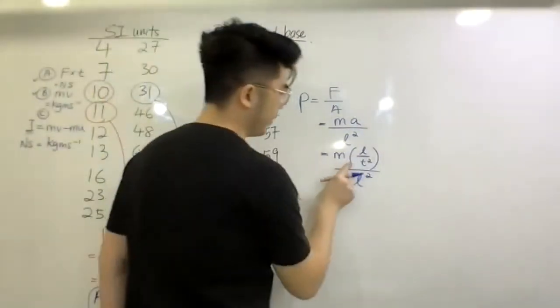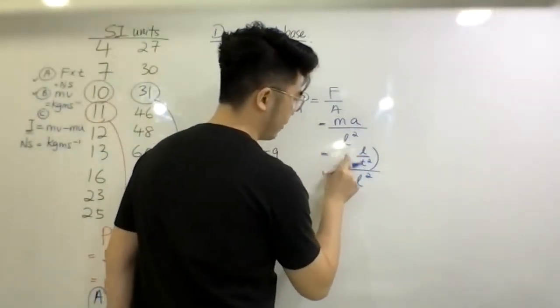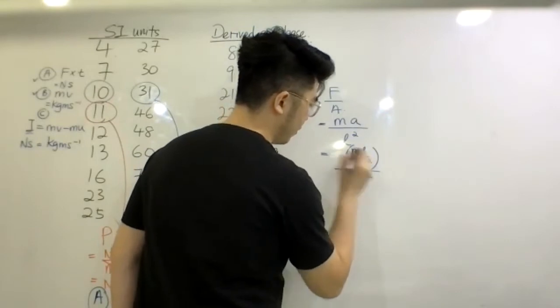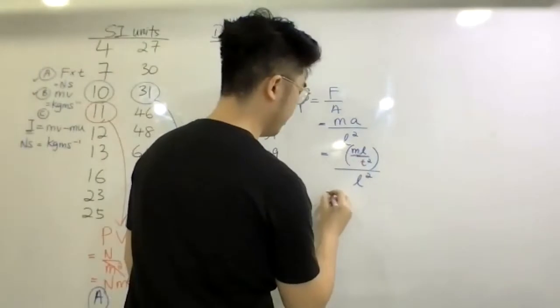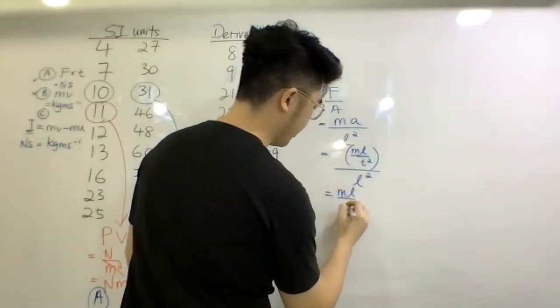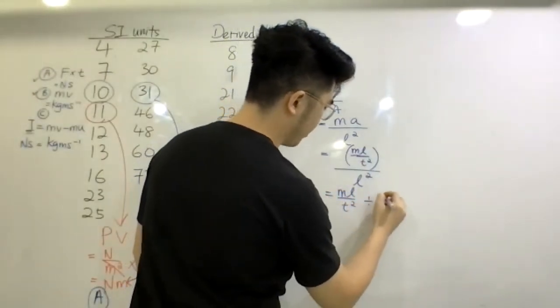Right, that's why I can put it in. So m L over t squared divided by L squared.